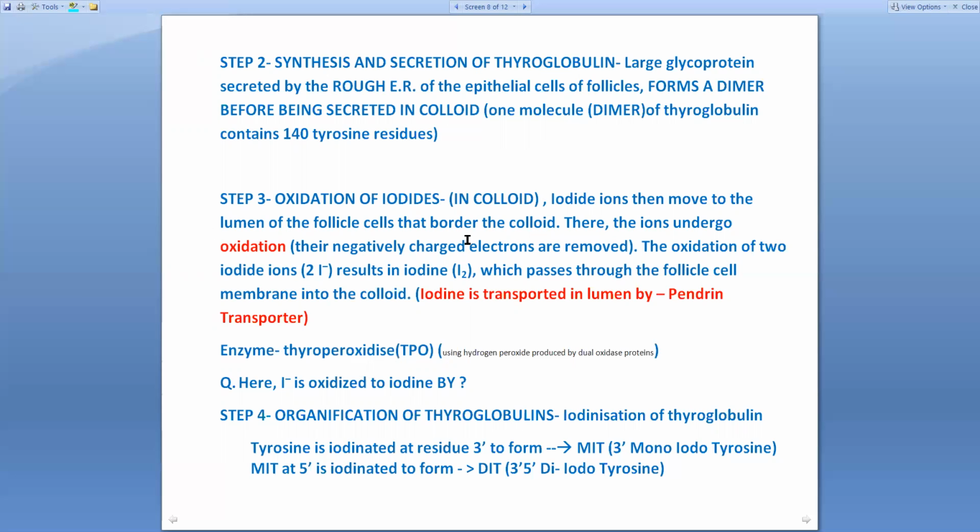Their negatively charged electrons are removed. The oxidation of two iodide ions results in iodine. So now iodide ions are oxidized to form iodine, which passes through the follicle cell membrane into the colloid.